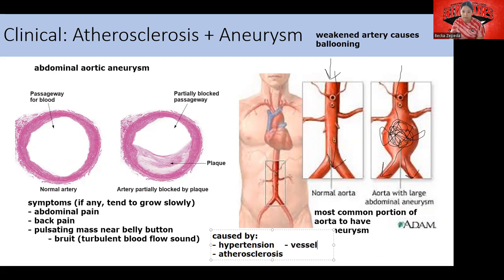Vessel disease could be like a type of inflammatory disease, which causes buildup, like with the intimal damage we talked about. Trauma, or it could actually be due to an infection that caused those vessels to become weak.